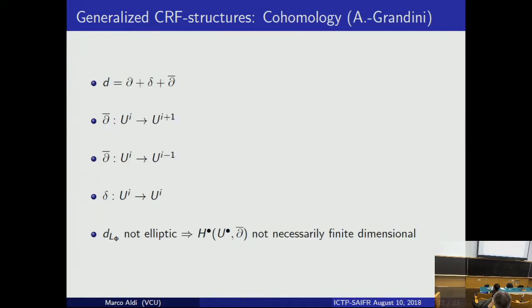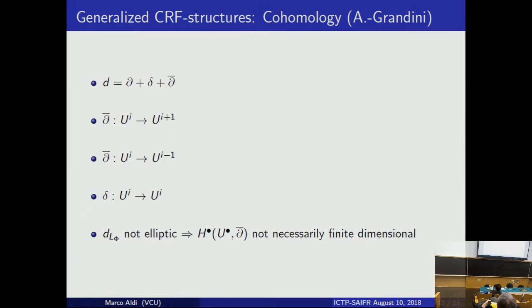Okay, so now you also have cohomology as for generalized complex structures. So if you remember from a few slides ago, in the case of generalized complex structure, you have the composition of the de Rham operator into del and del bar, and they increase and decrease the degree.